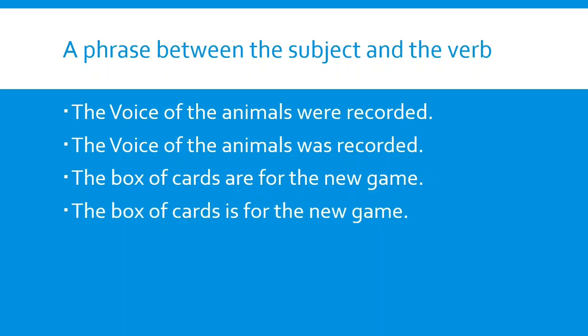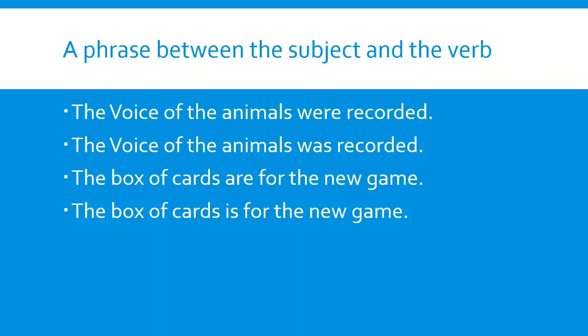Some of you might say, sir, this topic is so simple, we do not even need to study it. How simple it is. Singular subject, singular verb. We have been using, we have been reading. We never get confused. Let me tell you, dear students, some of you might get confused in some sentences. Look at the first two sentences.